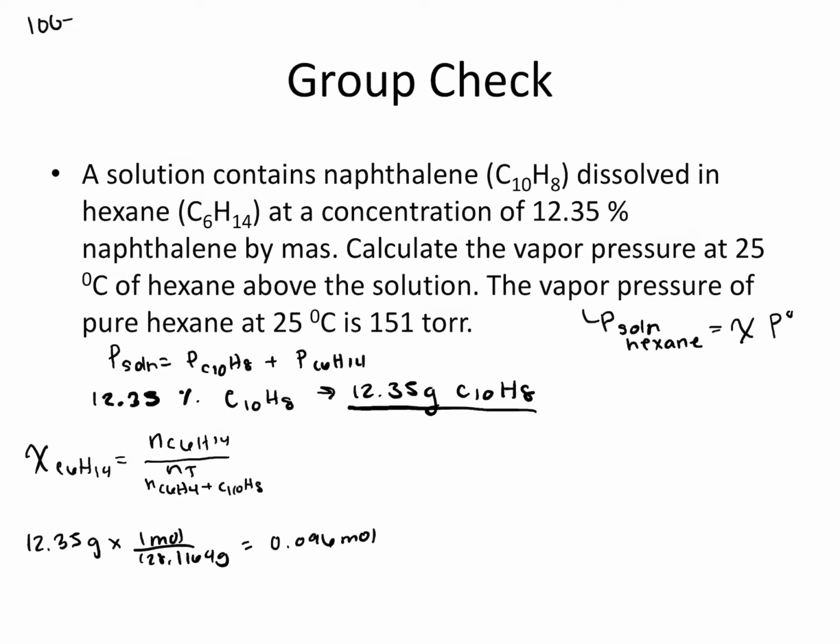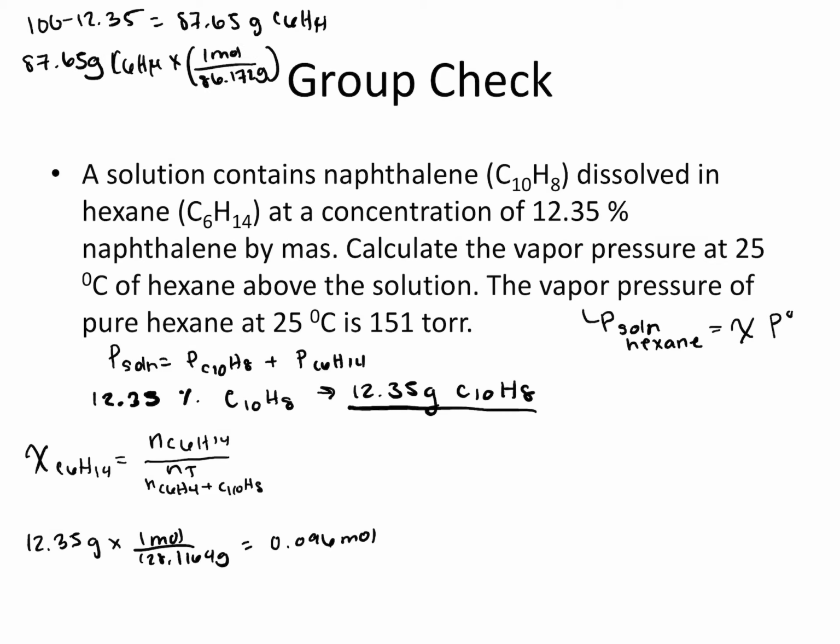So how about hexane? Can I find hexane? Well, I assumed 100, so I know that if I have 12.35 of my naphthalene, that means 100 minus that amount gives me 87.65 grams of hexane. So therefore, 87.65 grams hexane divided by its molar mass will give me the moles that I need.